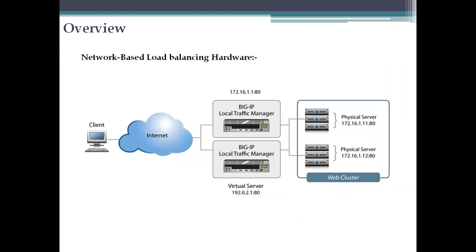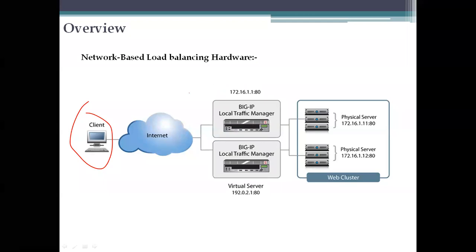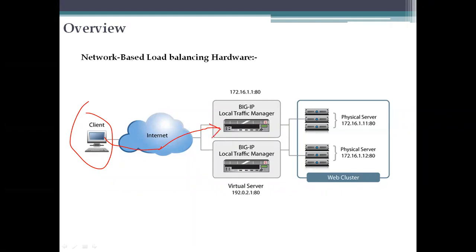So you can see this is your internet, and this is your client. Whether it comes from the internet or LAN, the first request from the user will come as one connection to F5.